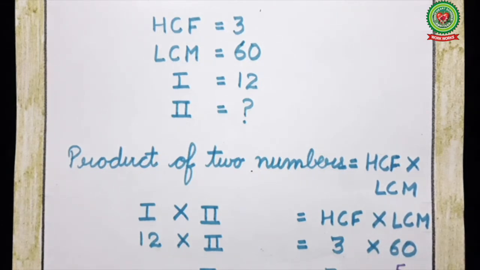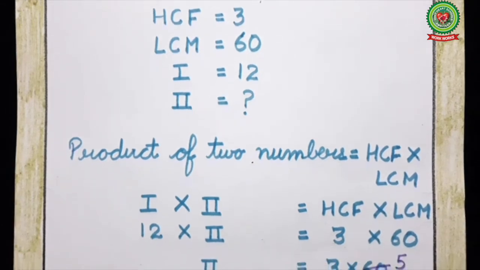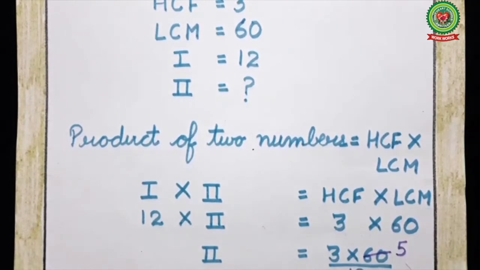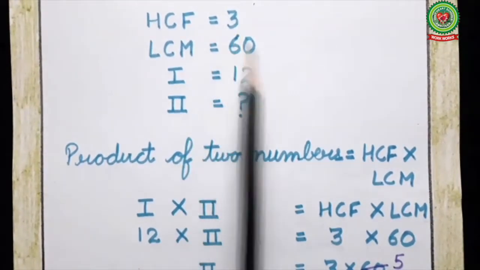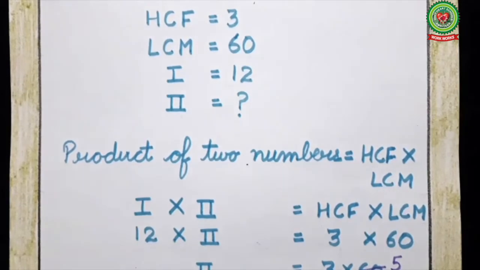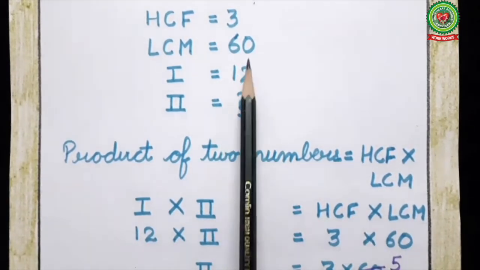After that, we will substitute the values here. First number given is 12, so write down 12. Multiply second, the number we need to find, is equal to HCF in the question, which is 3, so write down 3. Multiply by LCM is 60.